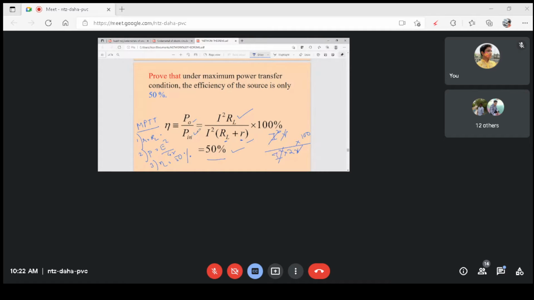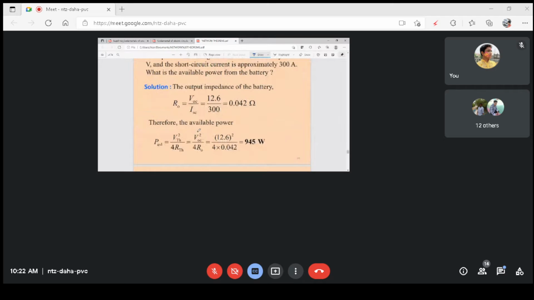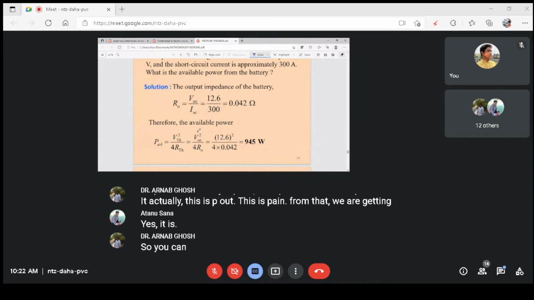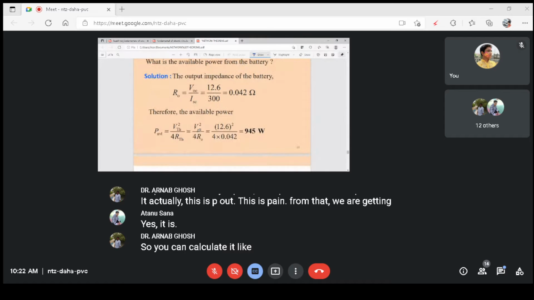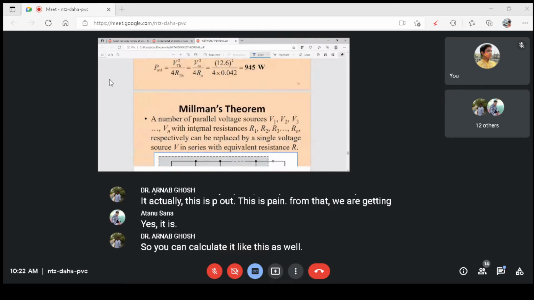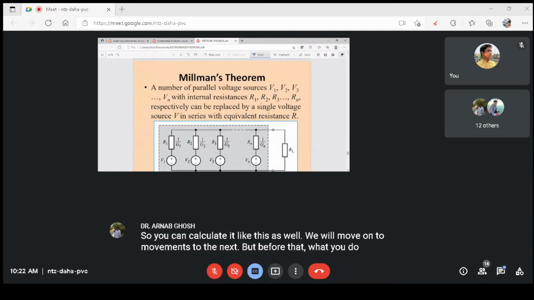Okay. So you can calculate it likewise as well. We will move on to Millman's theorem next, but before that, you just do one problem.